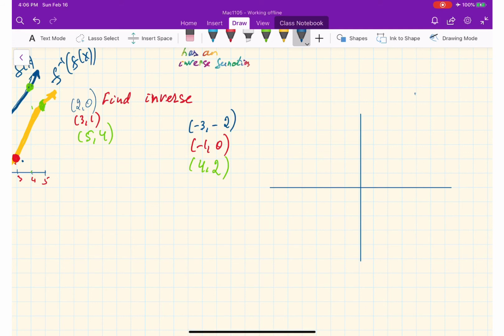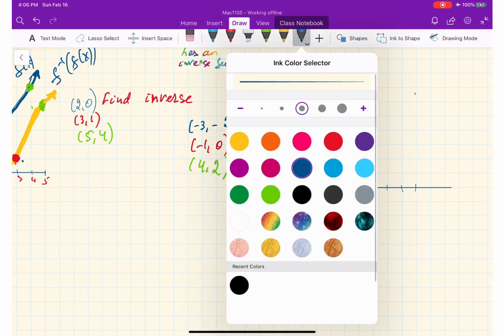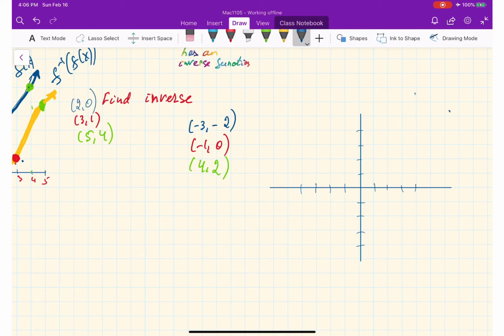Okay, so 1, 2, 3, 4, 1, 2, 3, 4. Okay, let me build on this at the same time the inverse that is going to be on this side. So the inverse points are going to be -2, -3. And then the red one will be 0 and 1. And green will be 2 and 4. Well, we do switch positions, x and y. So this is our graph.